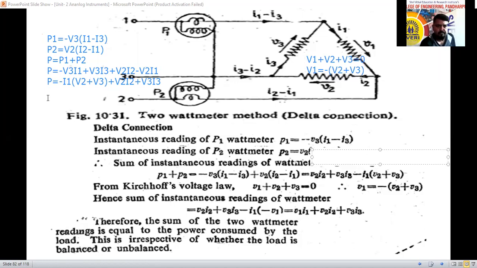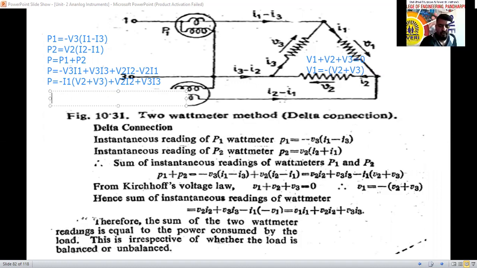P equal to, in the place of minus (V2 plus V3), minus into minus will become plus. I will substitute V1 for V2 plus V3 here. So we can write V1 I1 plus V2 I2 plus V3 I3.